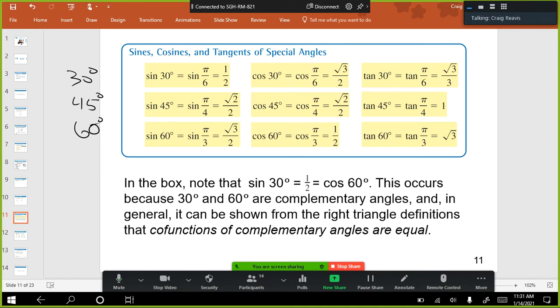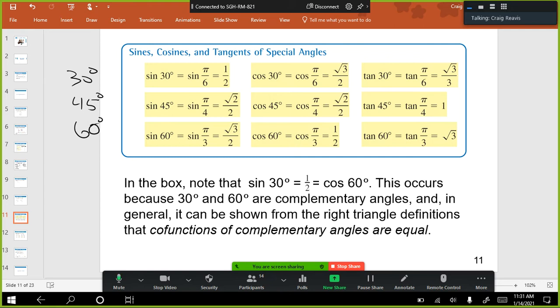All right. So it kind of looks confusing to start with, but really for the sine, 1/2, square root of 2 over 2, and square root of 3 over 2 are the 3 numbers there. This is really square root of 1 over 2, square root of 2 over 2, square root of 3 over 2. It's just that the square root of 1 simplifies.